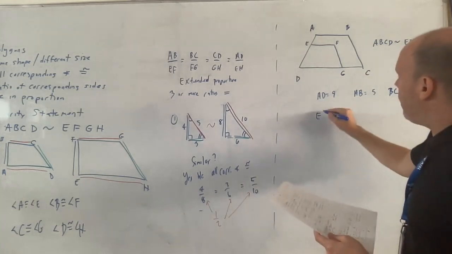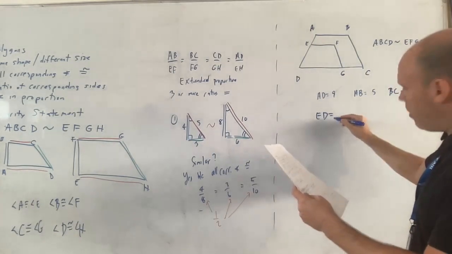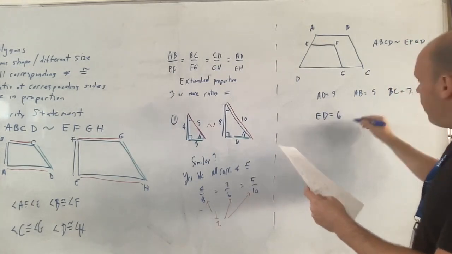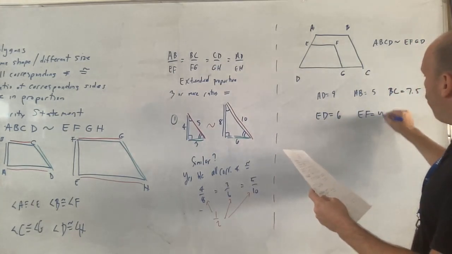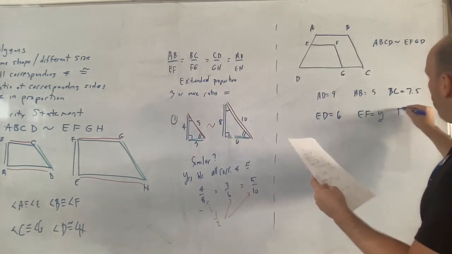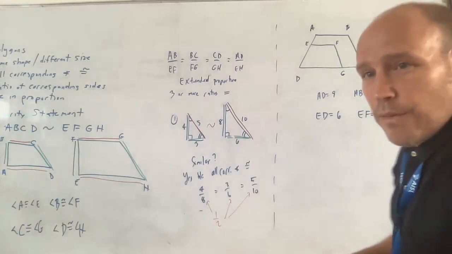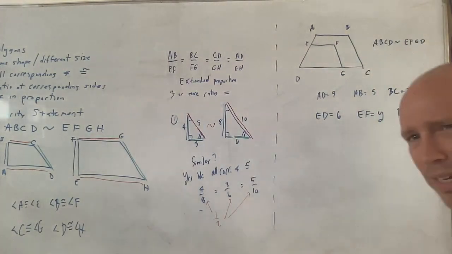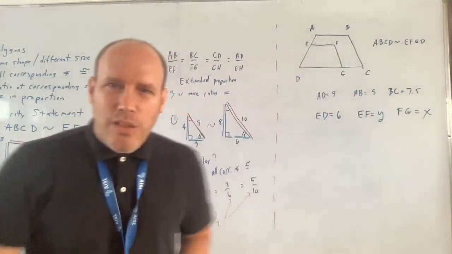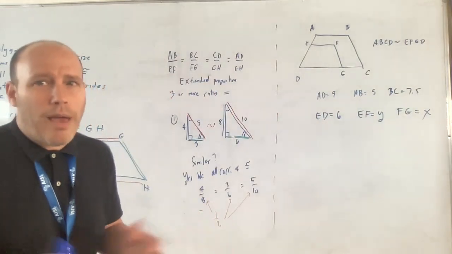ED is 6. EF is Y, and FG is X. Can you see everything? The question is, find X and Y.